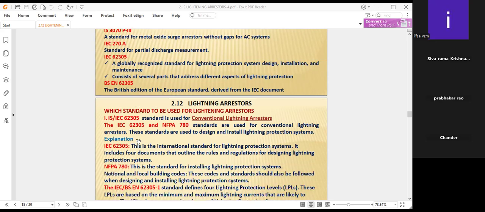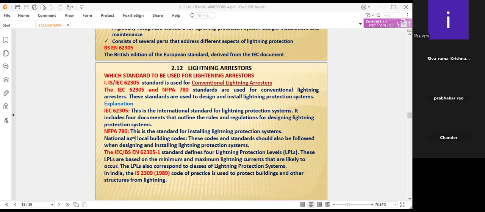And coming to which standard for which lightning arrester, as discussed, the IEC 62305 standard is used for conventional lightning arresters, and also the NFPA standard, National Fire Protection Association, is used for conventional lightning arresters.